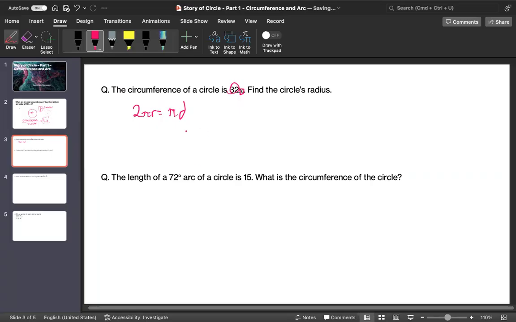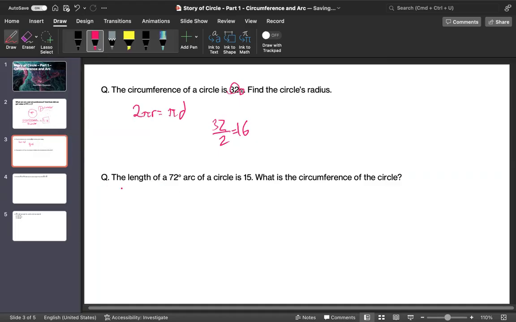The radius is half of the diameter. So the radius would be 32 divided by 2, which is 16. Ta-da! No having to go into pi. Okay, what's 32 times pi? We're not going to do any of that, just these 2 simple steps.